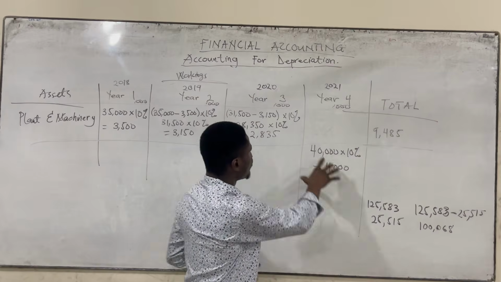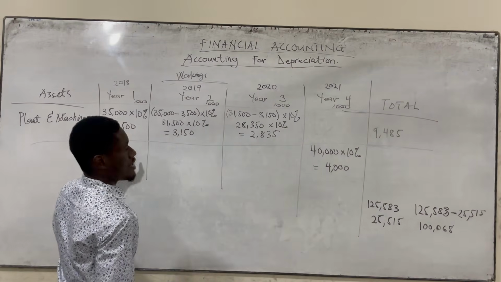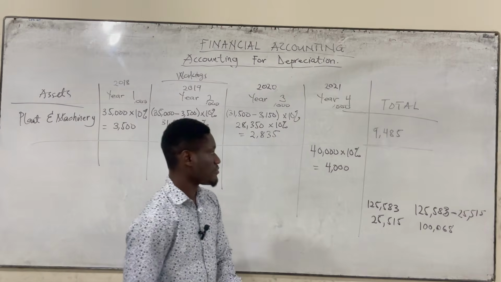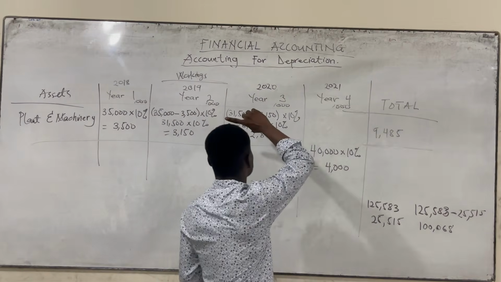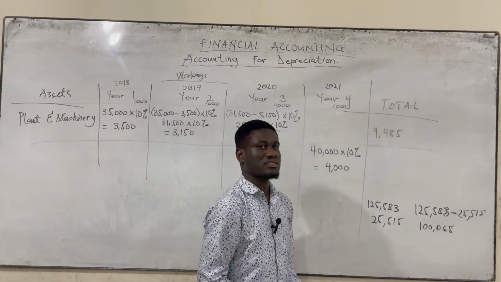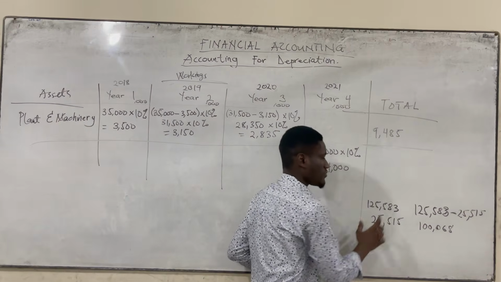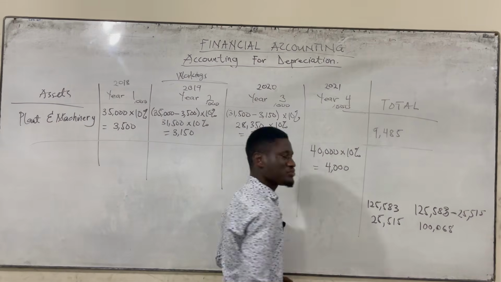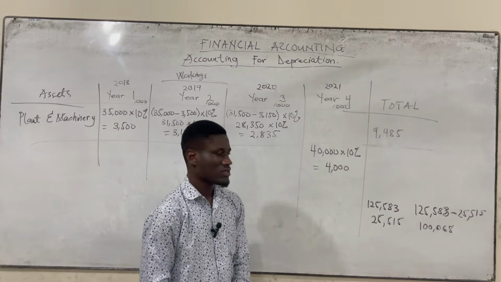So we will also find our new cost for the 35,000 plant and machinery. So we will subtract our depreciation from the 35,000, then we'll get our new book value for that plant and machinery. Do you get it? Then we'll subtract from this, because no depreciation is to be charged on this for the year of disposal. Do you get it?